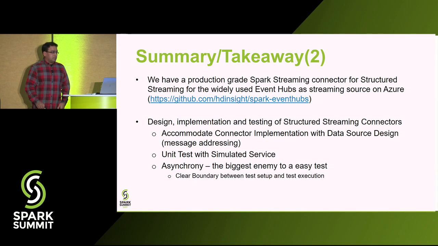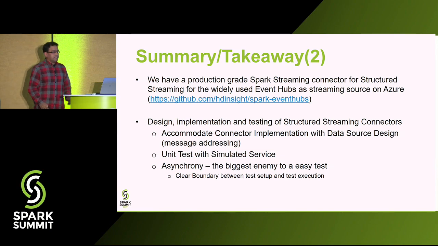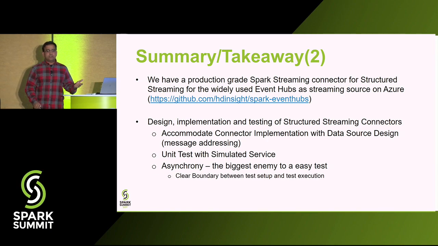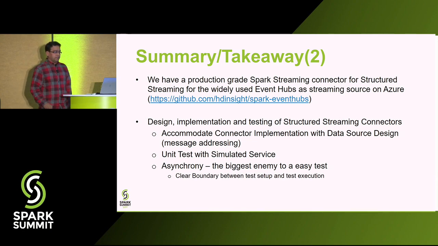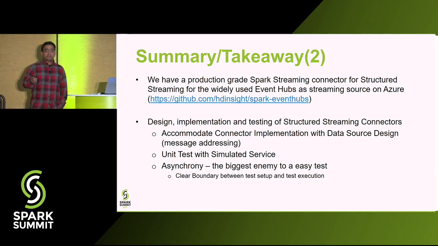So after all this, we do have an experimental production-grade Spark streaming connector. It's experimental in the sense that as soon as Spark 2.2 declares that structured streaming is production grade, we are production grade. We have designed, implemented, and tested a structured streaming connector, accommodating the connector implementation, as Nan has described, with the EventHubs source, which has some significant differences from how Kafka is implemented.